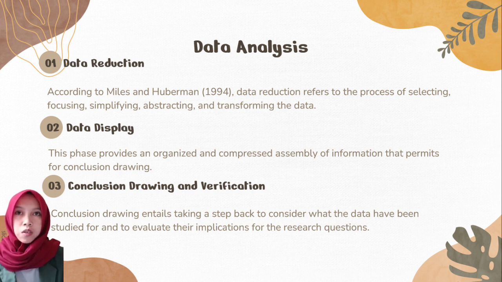This phase provides an organized and compressed assembly of information that permits conclusion drawing. And then finally, conclusion drawing and verification. Conclusion drawing entails taking a step back to consider what the data have been studied for and to evaluate their implications for the research questions.